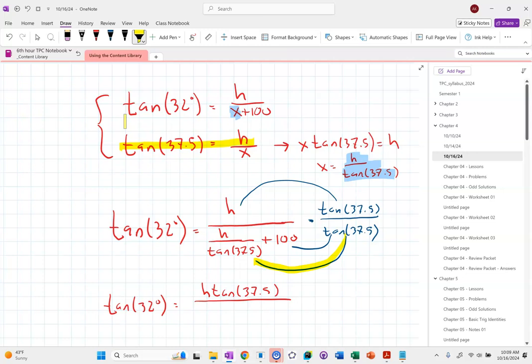I just get h, right? And then I have to do 100 times tan 37. So I've taken care of the fraction inside of the fraction piece. Everybody okay with what I did there?